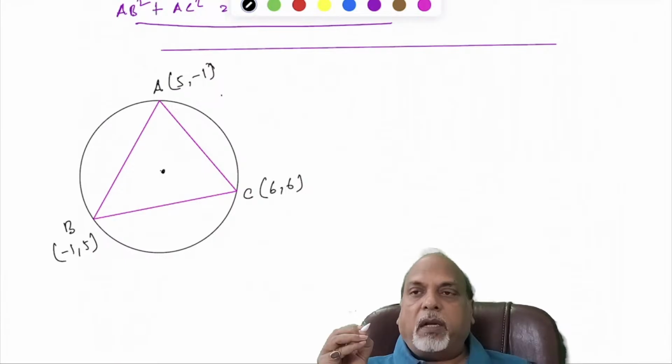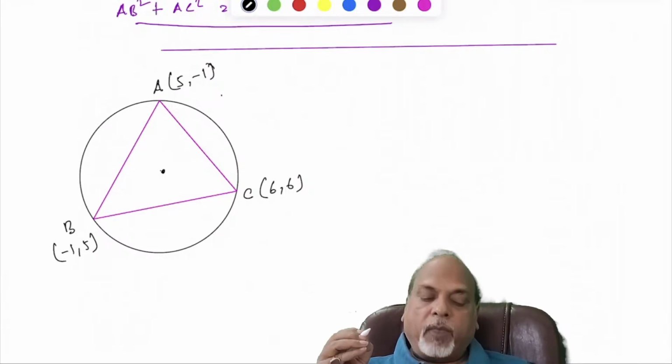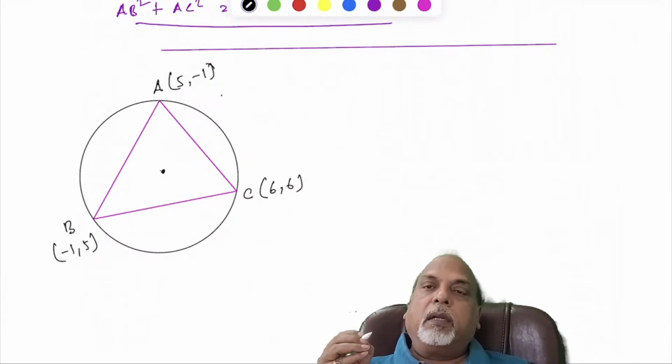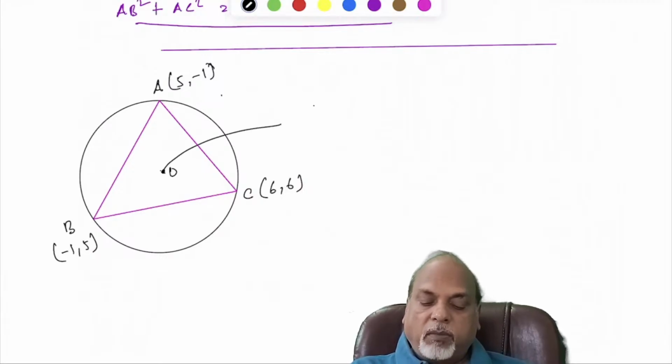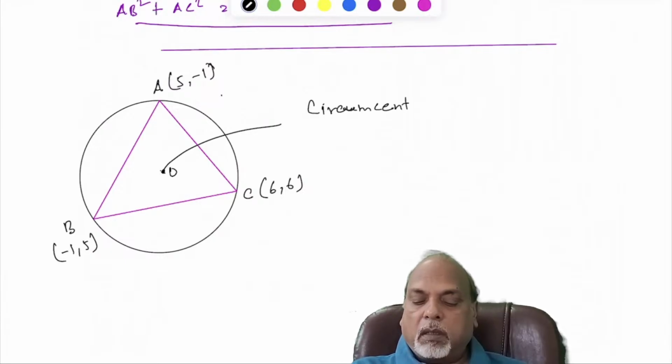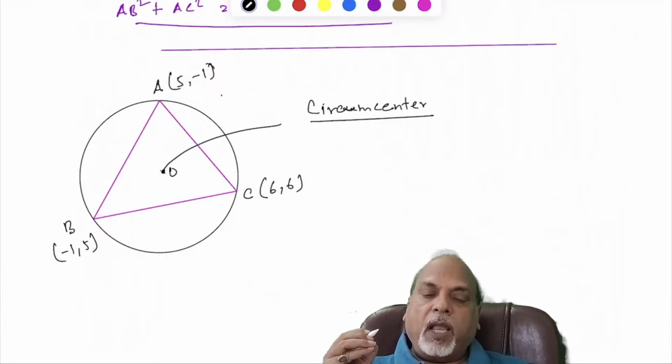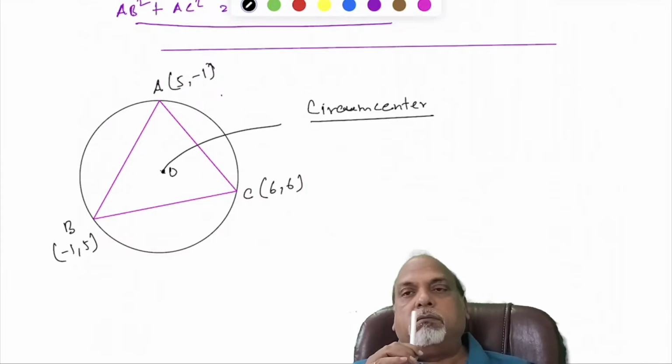Coordinates of this triangle are given, and what is this? This is basically your center, and this is called circumcenter. This is the circumcenter of the triangle.